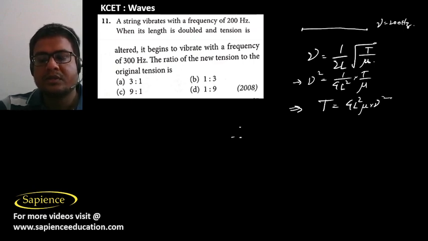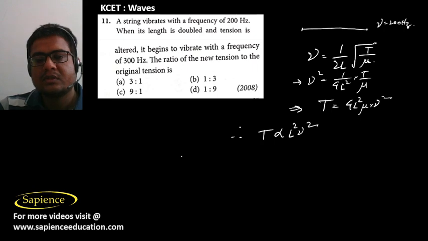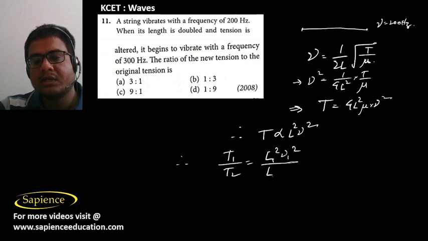So therefore, since mu is constant and 4 is also constant, T is proportional to L square into nu square. So the ratio of the tension forces T1 by T2 will be equal to L1 square into nu1 square by L2 square into nu2 square.